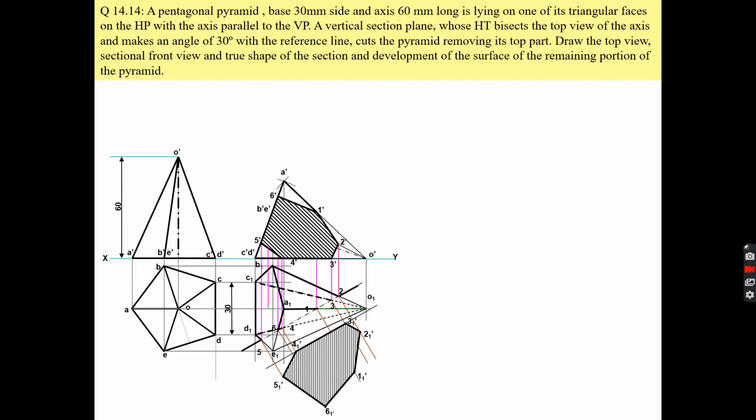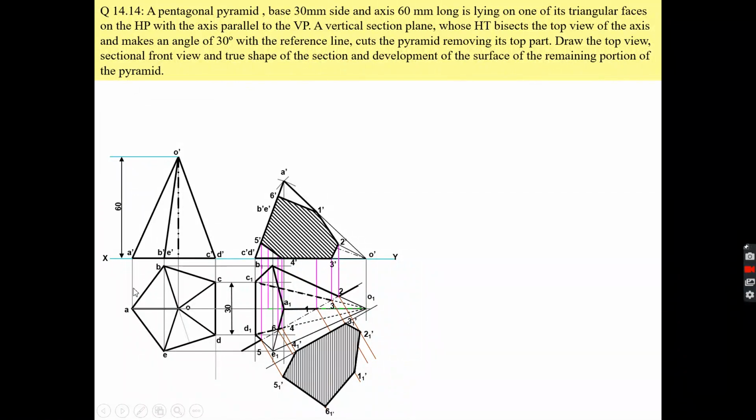Okay, so after that we have to draw the development of the surface of the remaining portion. Okay, so this is a pentagonal pyramid. So like I did in the last question, I have to draw the true length of the pentagonal pyramid. So what is the true slant length here?